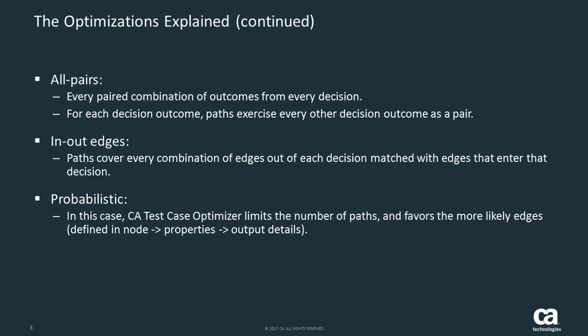In-out edges matches every incoming arrow to a decision, and every outgoing arrow from a decision matches those as pairs, and then selects paths to cover each one of those combinations. Now I haven't talked about the probabilistic selection. In this case, the optimizer limits the number of paths and it weights certain outcomes above others depending on the defined priorities and probabilities. Now, again, this is a more selective and probably more restrictive coverage measure, but we can talk about that later.